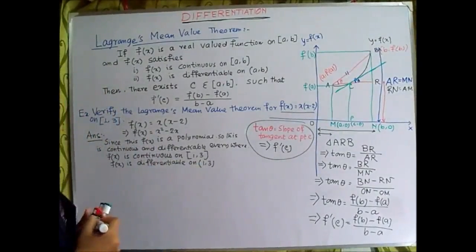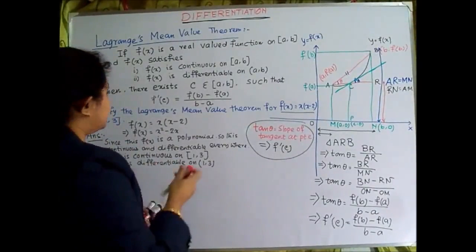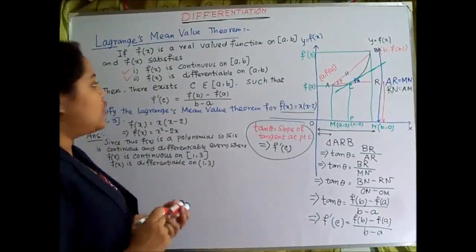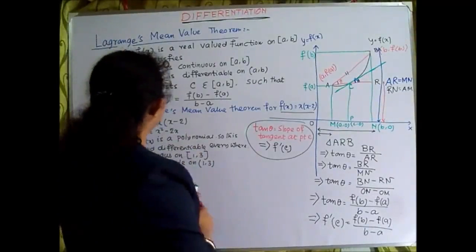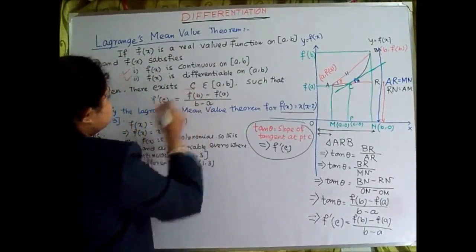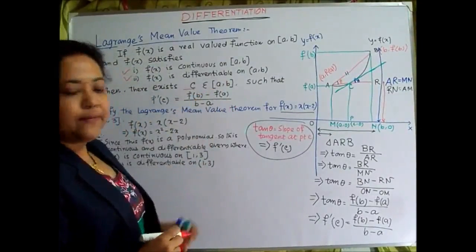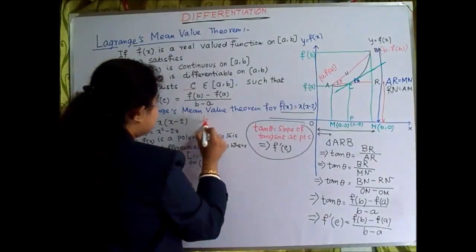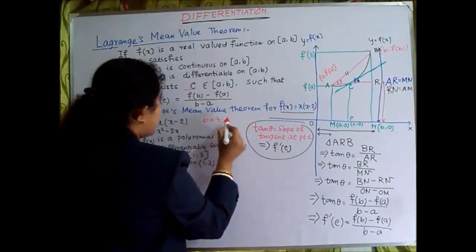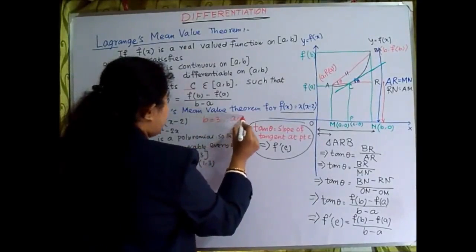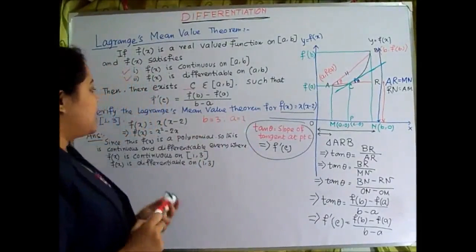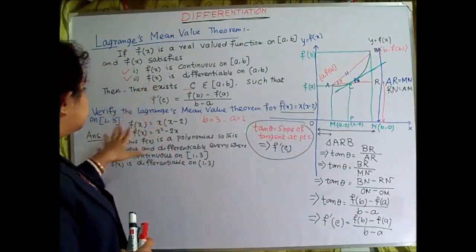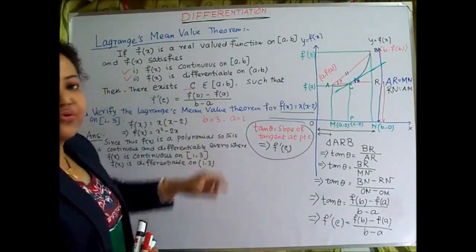So this function satisfies both these two conditions. So from Lagrange's mean value theorem, we can say that there exists a C that lies between A and B. Here, B is equal to 3 and A is equal to 1. So there exists a C which lies within 1 to 3.